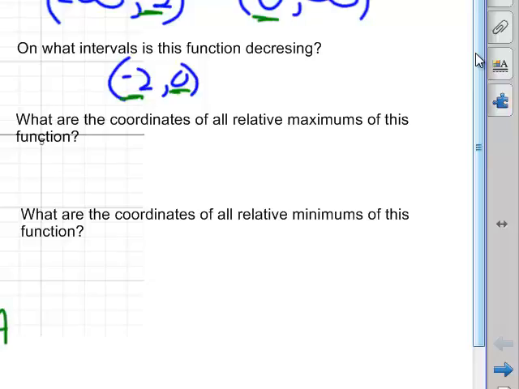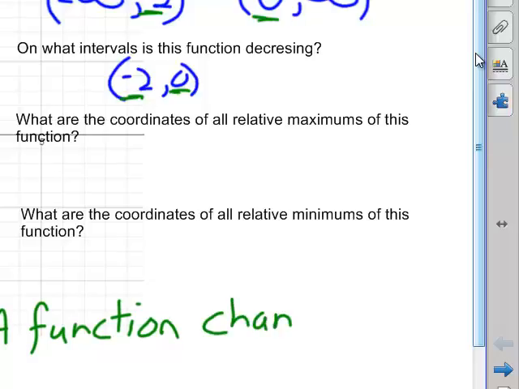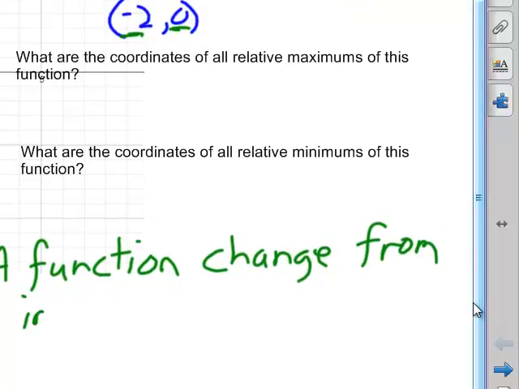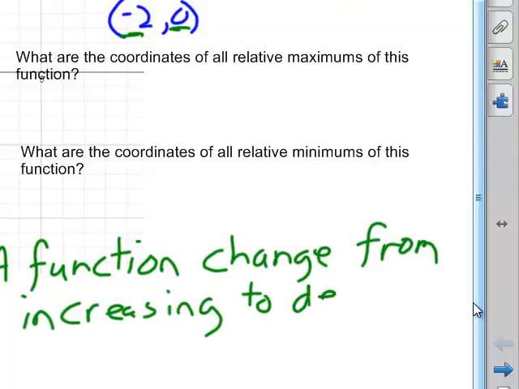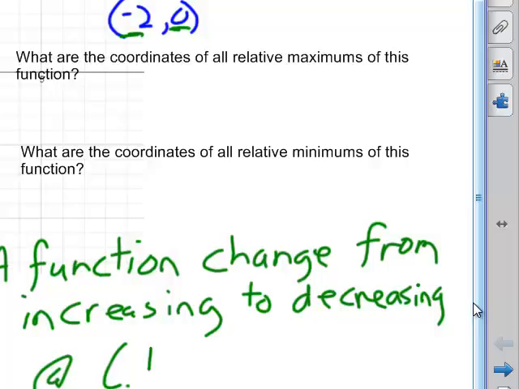A function, and we're going to generalize it, changes from increasing to decreasing at critical points, CP.